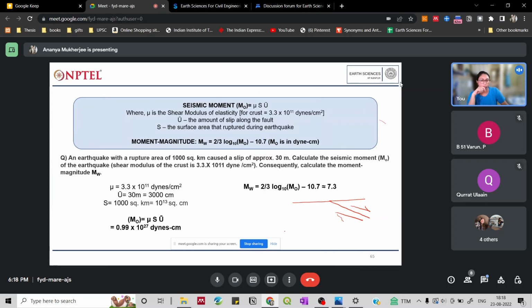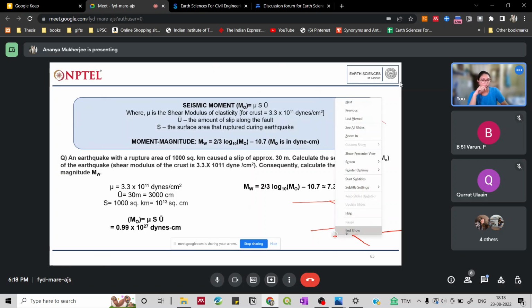So now it will look kind of like this. This distance is called the slip of the fault. That is how much this rock block has moved with respect to this block.